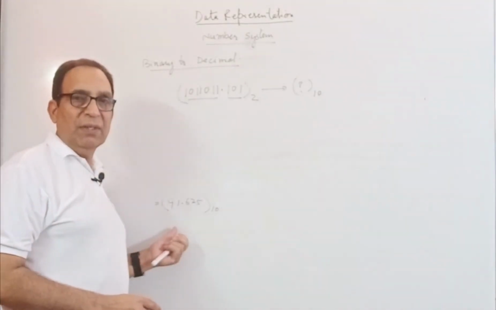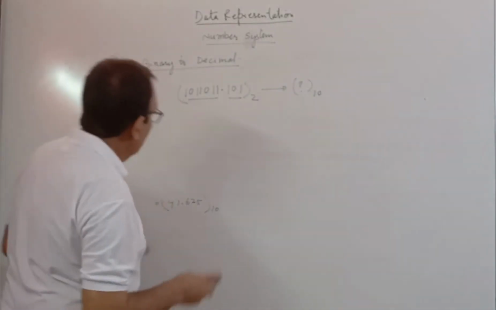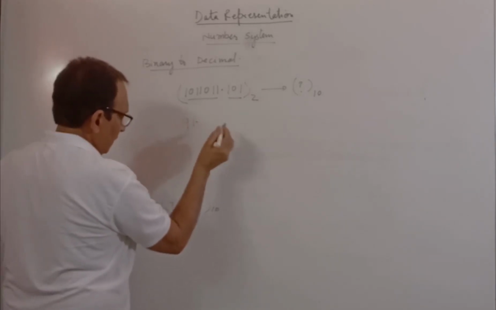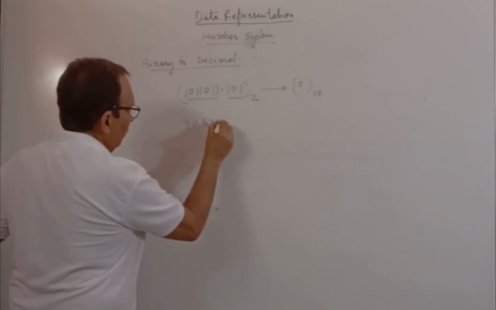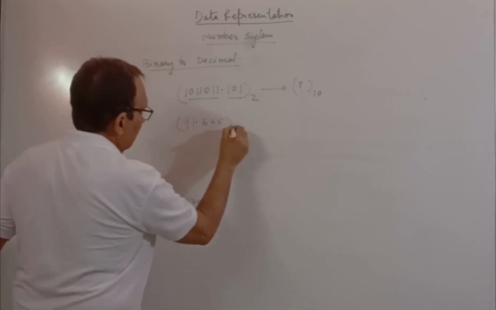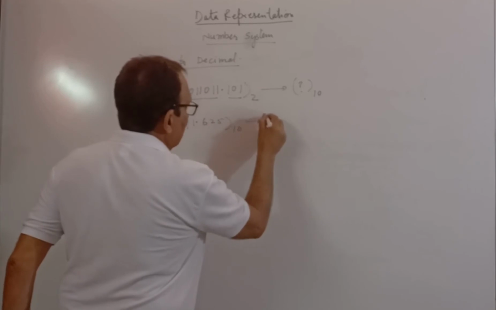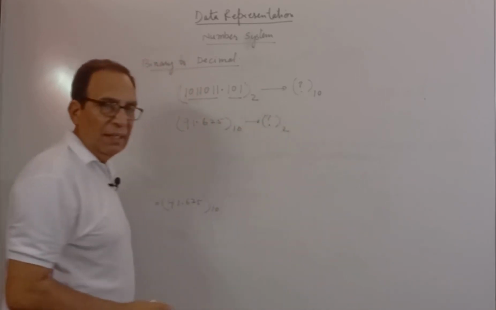Let us convert this one into binary. Write this: 91.625 base 10, and it is to be converted into a binary equivalent.